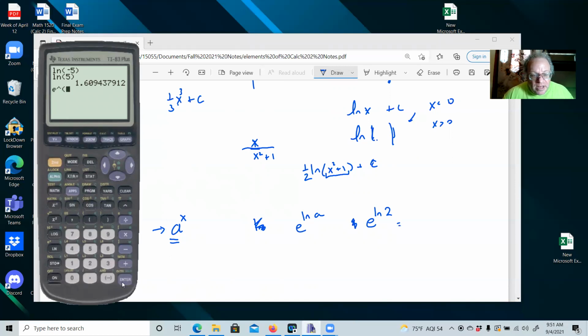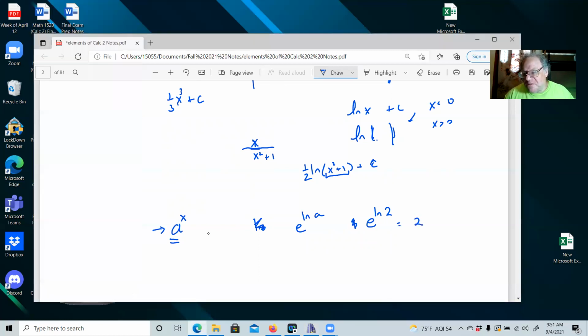That's how we get e to the natural log of 2. We end up with 2. Seems awfully like a coincidence. Pick any number you please, any number you like. Let's not do 20, let's do 30. Maybe it has something to do with 2's, right? So e to the natural log of 30.